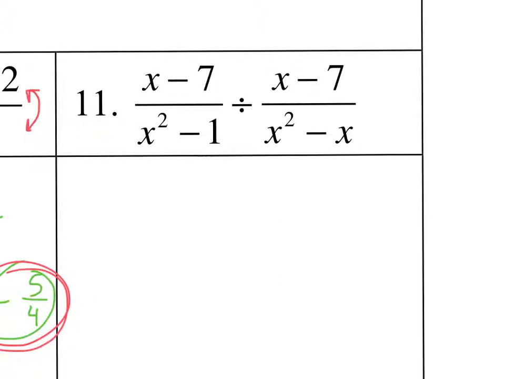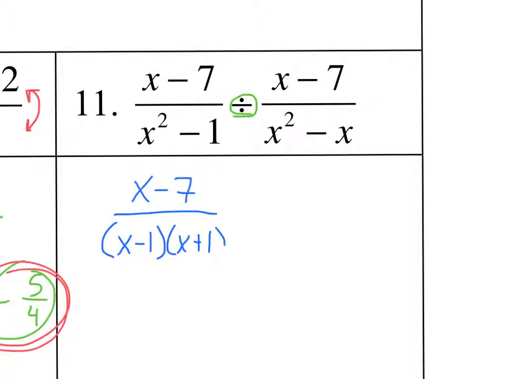So, because I see a division, I'm going to KFC. And I'm going to factor at the same time. Notice that the numerator does not need to factor. What happens to the denominator here? We have a difference of 2 squares. So it does not die yet. In a moment it will be reduced. Now I am going to KFC at the same time and factor what is now the numerator.